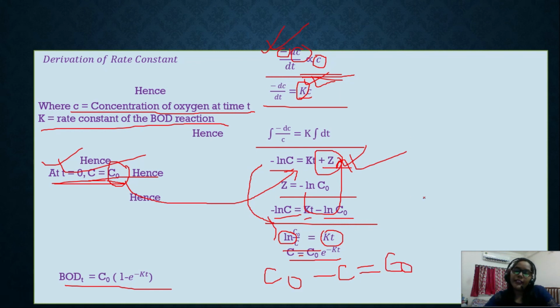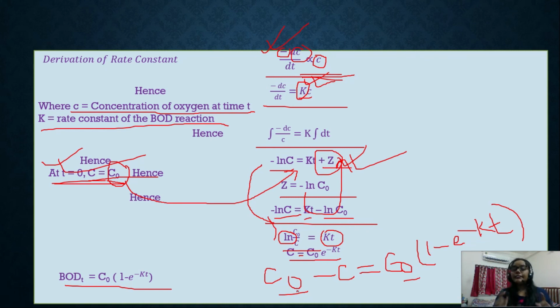C0, we have taken common, that is 1 minus e to the power minus KT, right? So if we incorporate one C0 term on both sides, we will get C0 minus C equals C0 into 1 minus e to the power minus KT.